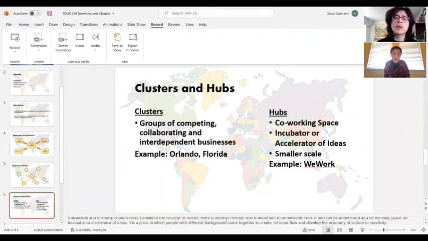I don't know if you are aware what WeWork is, but it's this company that rents buildings, and then rents offices to do networking. And yes, the idea is to share ideas between people who are in your same or similar industry, and that is one of the main motors of innovation in the 21st century.